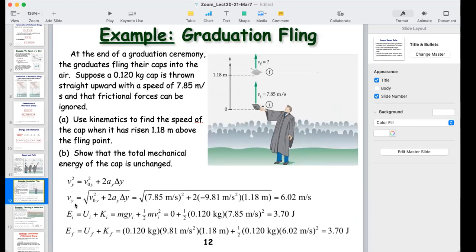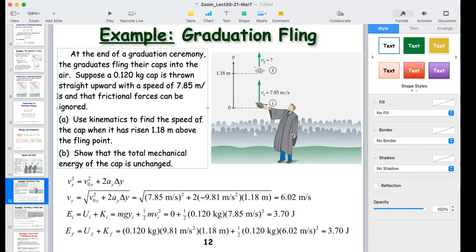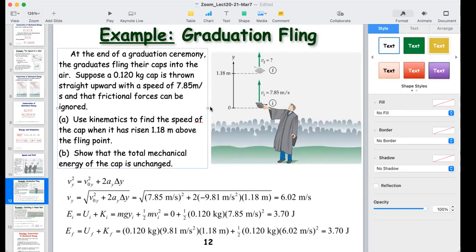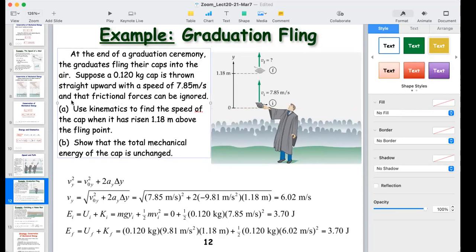So let's see another example similar to this one. At the end of a graduation ceremony, the graduates fling their caps into the air. Suppose that we have a 0.12 kilogram cap that is thrown straight upward with a speed of 7.85 meters per second, and the frictional forces can be ignored.